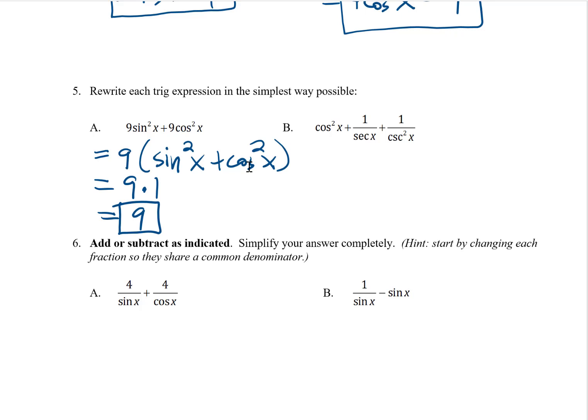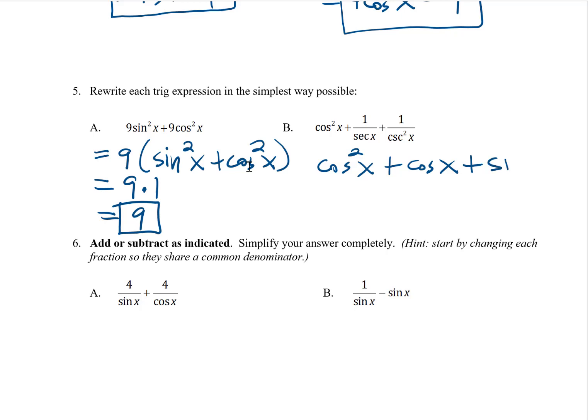Letter B. I've got a lot going on here. Again, when it's hard to know where to start, switching to sine and cosine can be a good idea. 1 over secant x, I can just reciprocate that secant x to the top and make it cosine x. Same thing with the second fraction. I have cosecant squared x on the bottom.